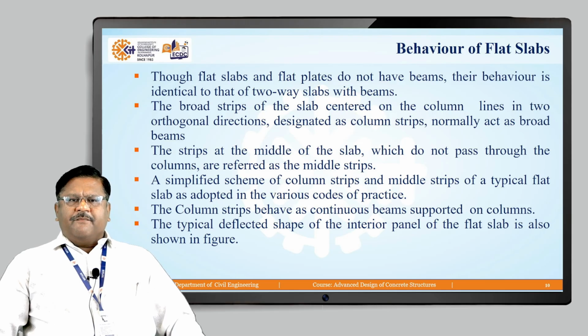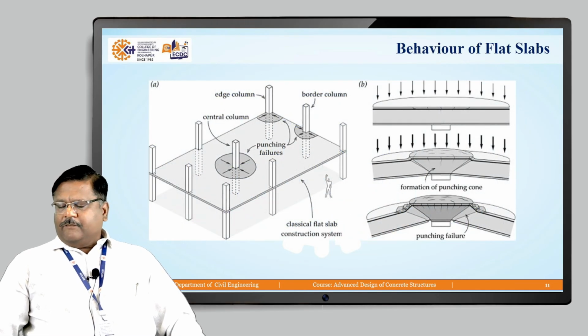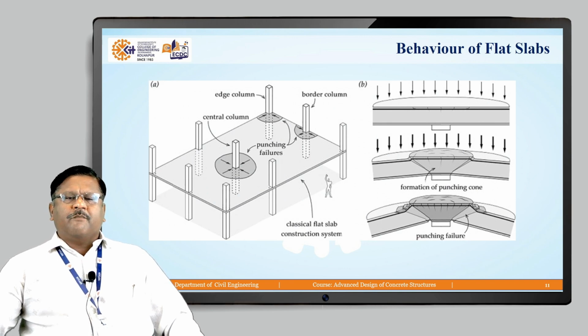The typical deflected shape of interior panel of the flat slab is also shown in the next figure. See, this is a flat slab supported by the columns without column head. If you consider this middle column, see figure B, here the load is applied on the flat slab.